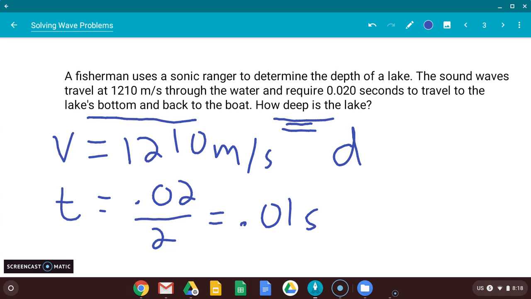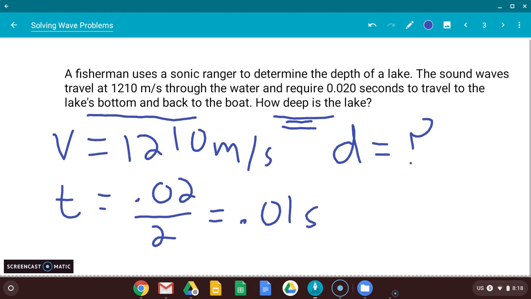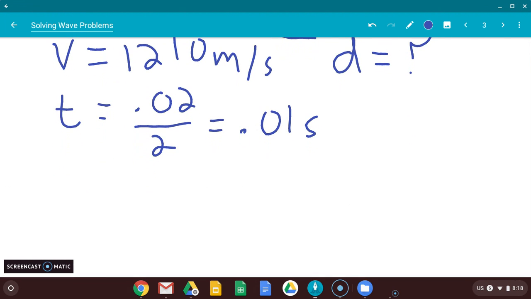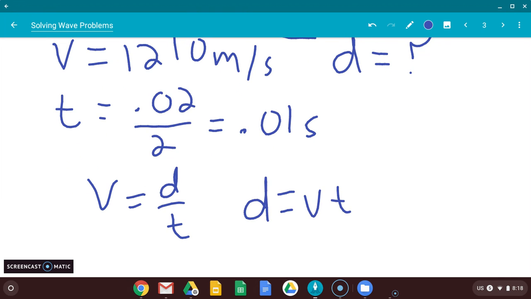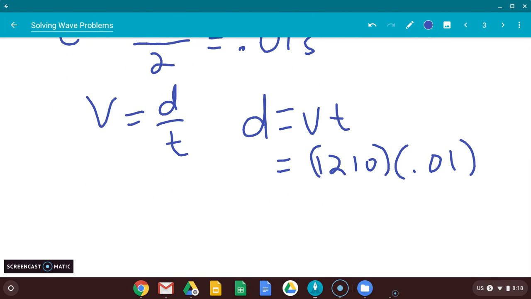So we want to find d, and of course we'll use again this little equation, solve it for d, do the basic algebra correctly, and we got 1,210 times 0.01 seconds, and multiplying those two things will give us 12.1 meters.